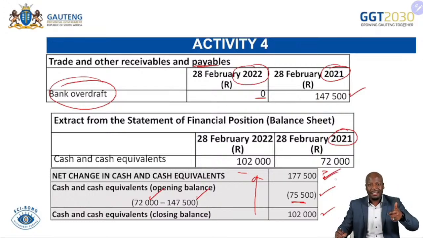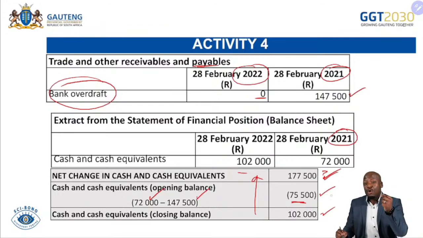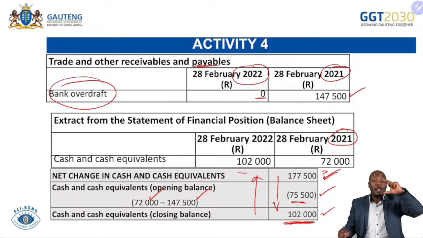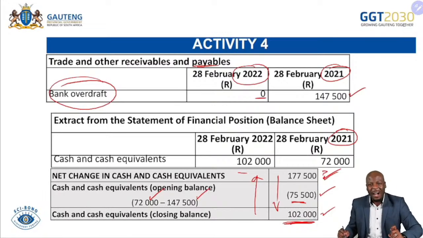I switch the sign. You get that? So be careful of that. And in the exam, you must be able to prove it going down. That is, if I have my 177 and now I'm going down minus 75.5, it should give me the 102. The moment you can't prove it going down, that means you made a mistake on your way up. You must be able to prove it going down.